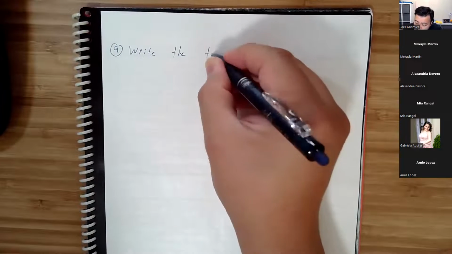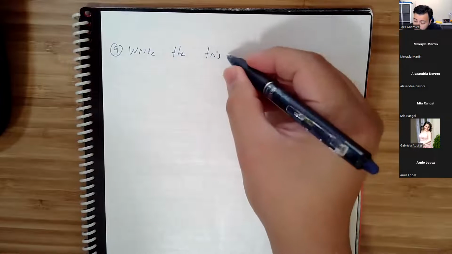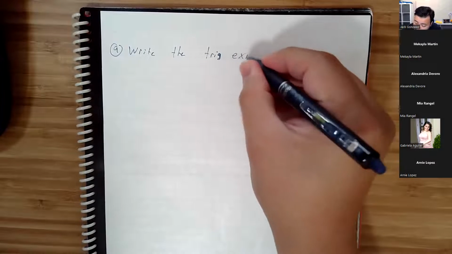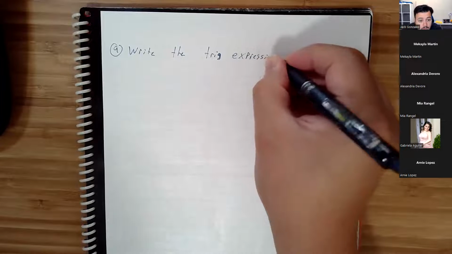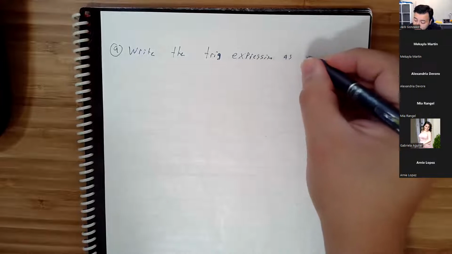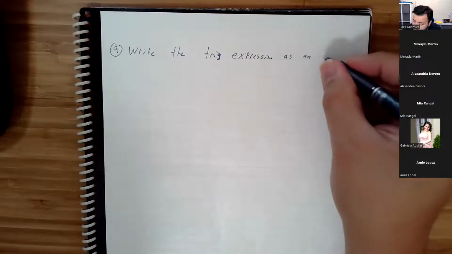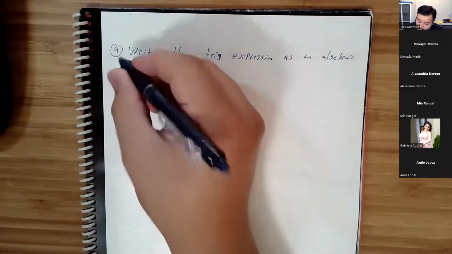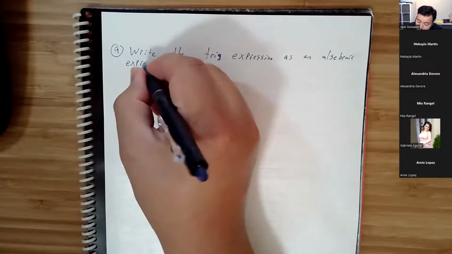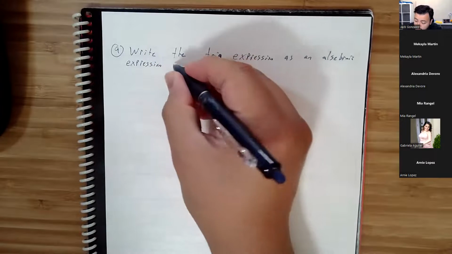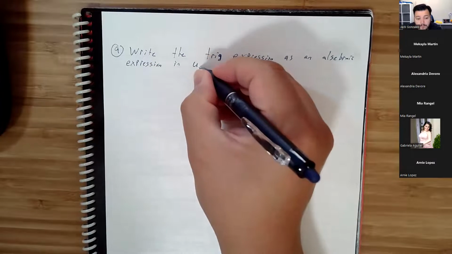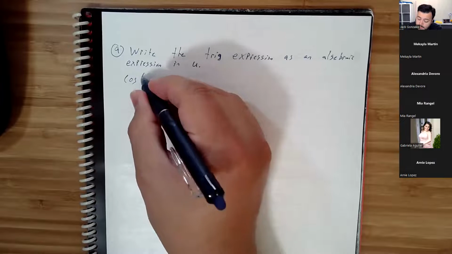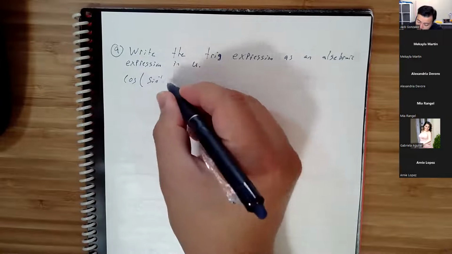Write the trig expression as an algebraic expression in U. Cosine of sine inverse of U.